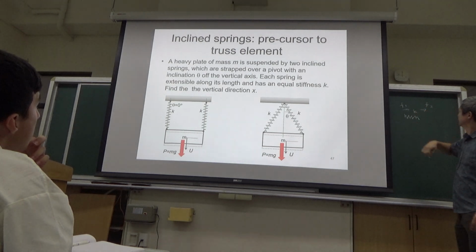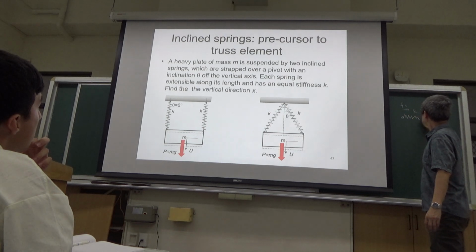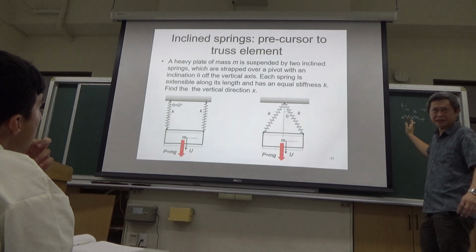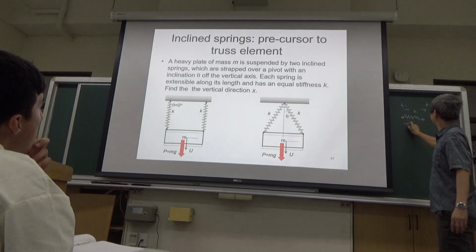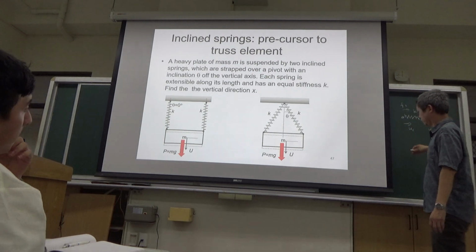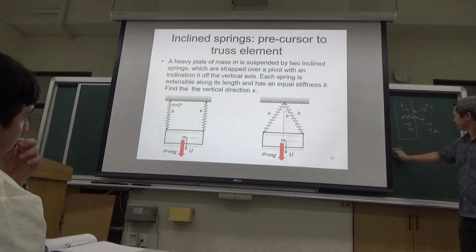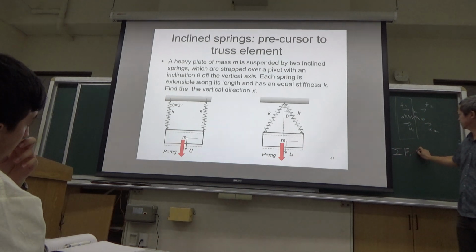If you do force summations on the left hand side, with U1 and U2, for the left node, when you're writing the equation, the force sum on the node is equal to 0.